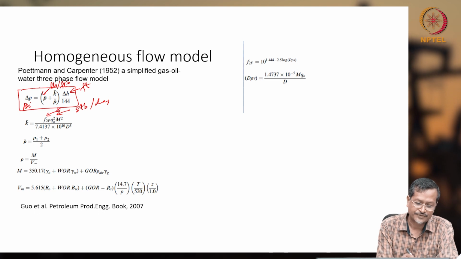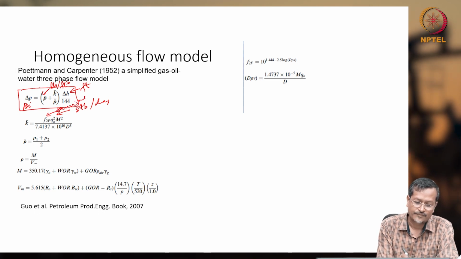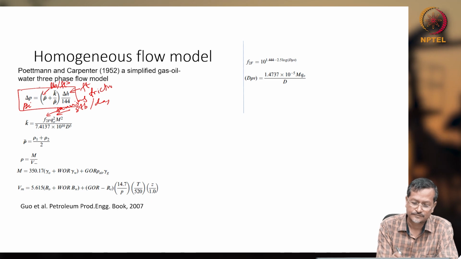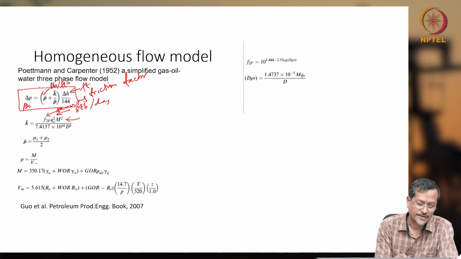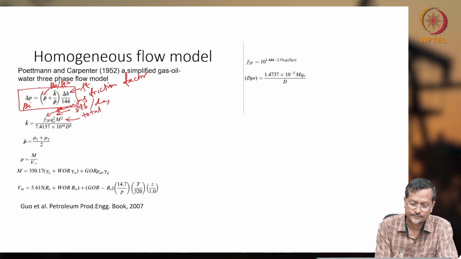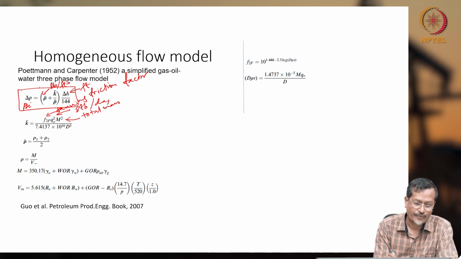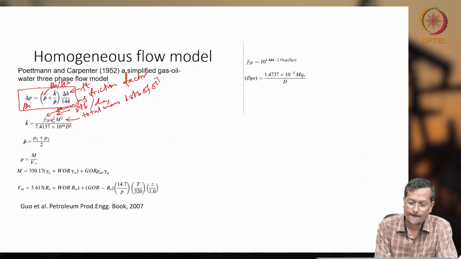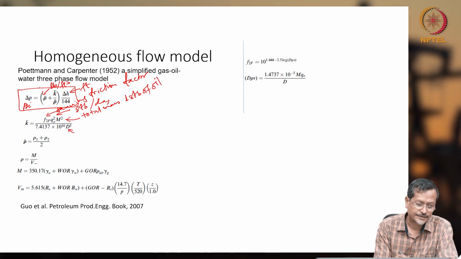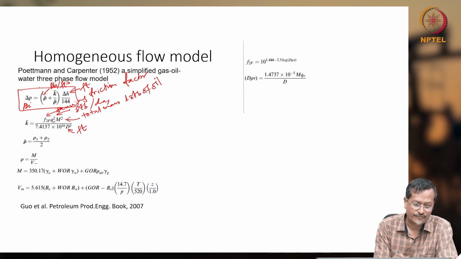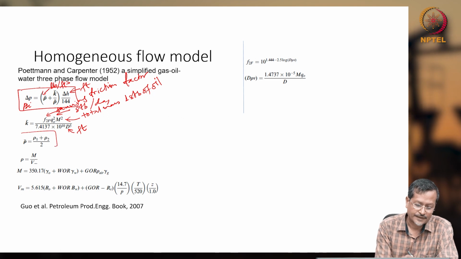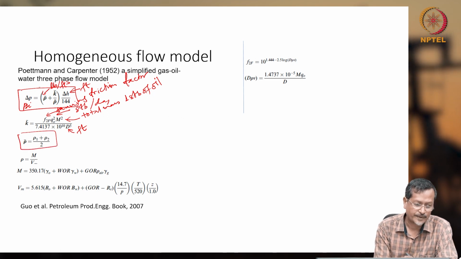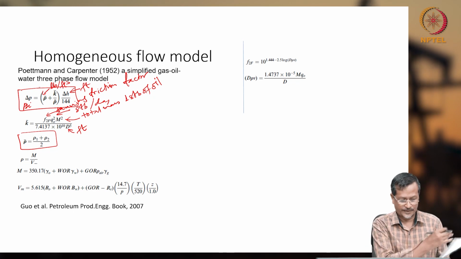F is the Fanning friction factor, and M is the total mass associated with 1 STB of oil, and D is the tubing diameter. This is also in feet. And rho bar is calculated as rho 1 plus rho 2 divided by 2, and rho 1 and rho 2 are like this.